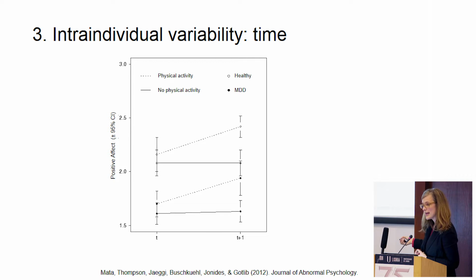So what you see is actually exactly what you would expect if you would think that physical activity is related to an increase in positive affect, because if you haven't been physically active between T and T plus 1, you don't see any difference in positive affect. But if you have started to become active at T plus 1, you see an increase.